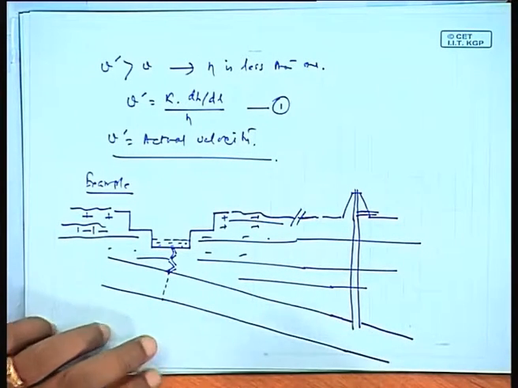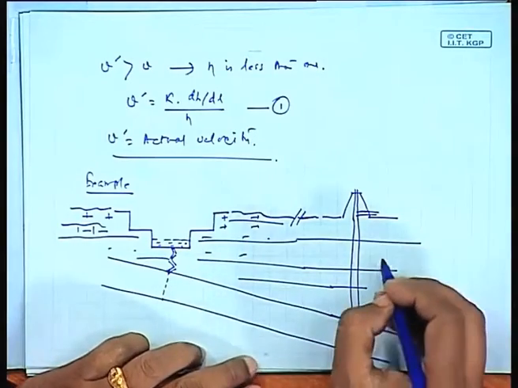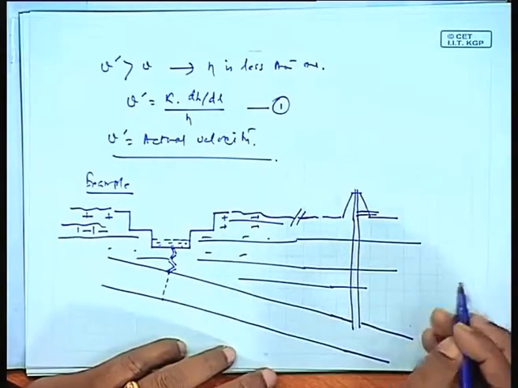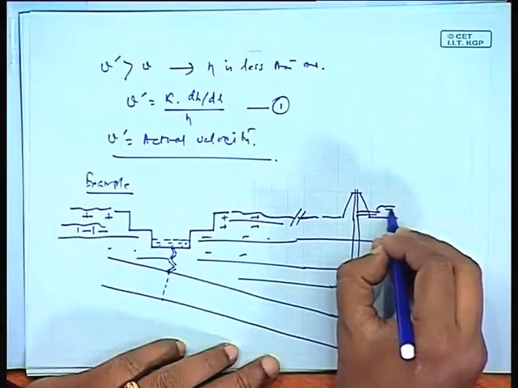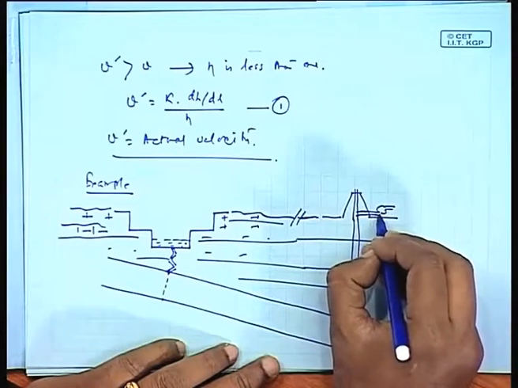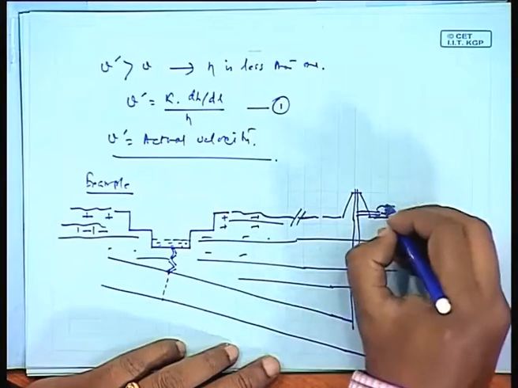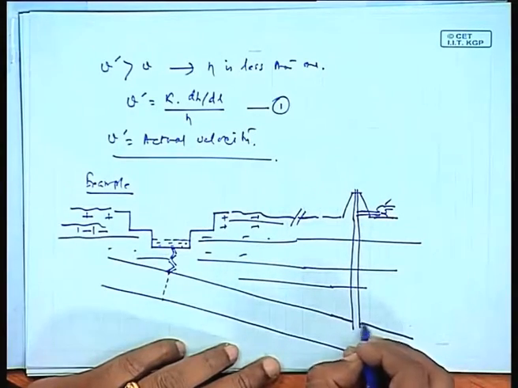This is pretty common. If you have gone to the Dhanbad area, which is likely, you can very well anticipate this kind of thing taking place. Here the water is being pumped out like this by a pump drawing water from this.